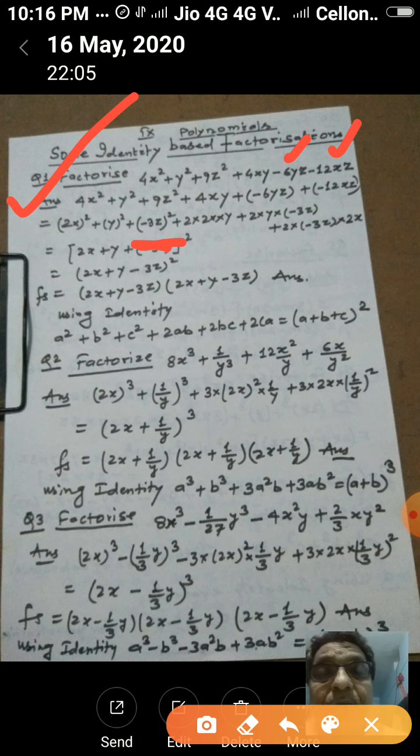This indicates that the z term should be minus. That's why, instead of 3z, I have written minus 3z whole square. I think it is okay.